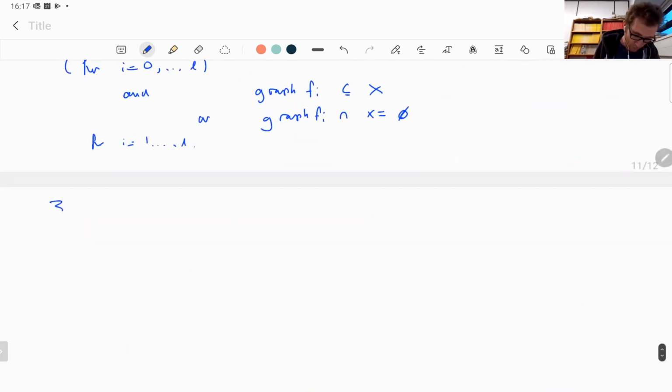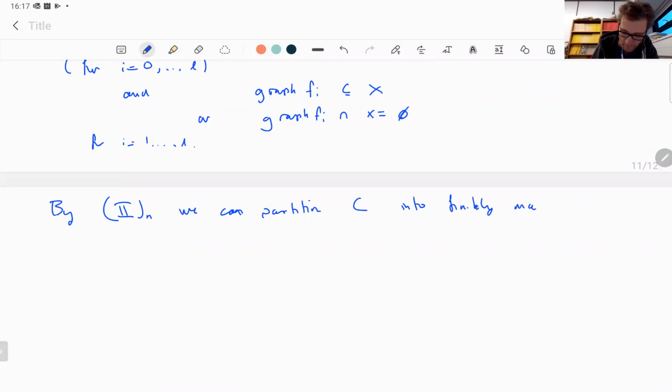So by 2n, we can partition C into finitely many cells so that F is continuous on each cell.